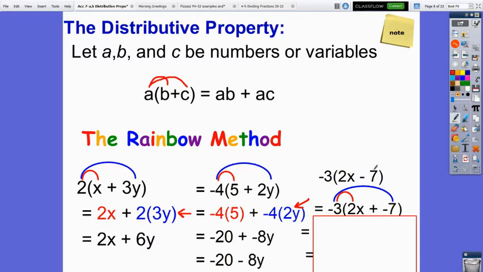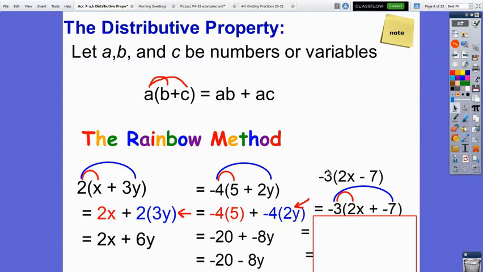All right, last example here, negative 3 times 2x minus 7. Now, it's good practice for many of you, anytime you have subtraction here, to change this subtraction to plus a negative, so that when you do your multiplications, it's easier to see that you're going to use the multiplication rules for positive and negative numbers.